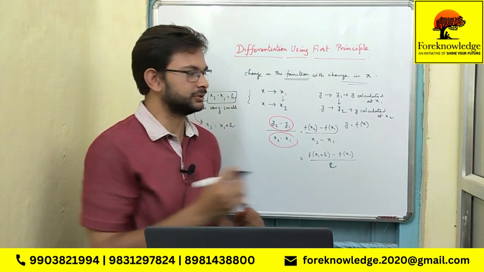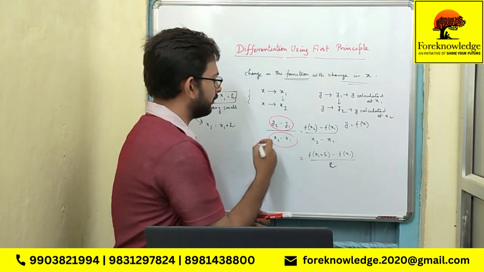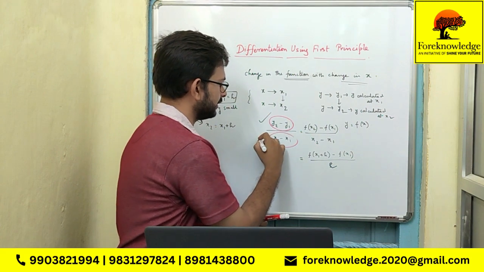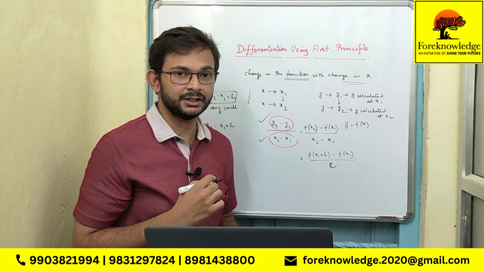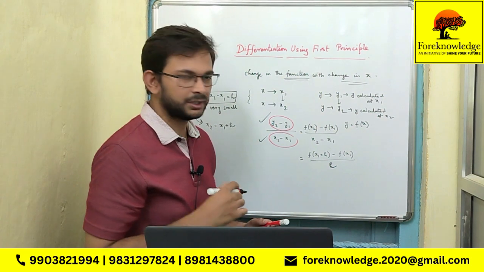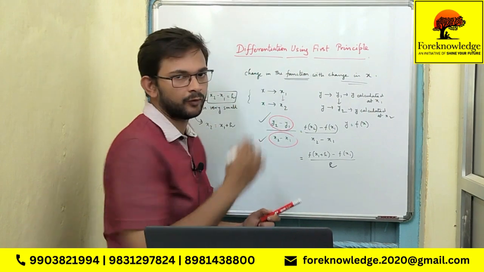Fine. So this is the reconstructed formula for changing y by changing x. This one is the new formula. Not a new formula, rather a new look for the old formula.